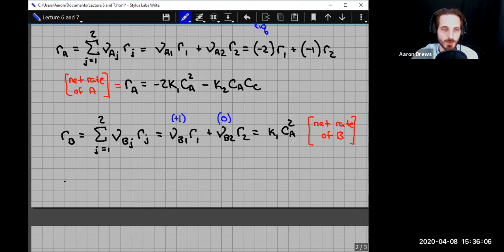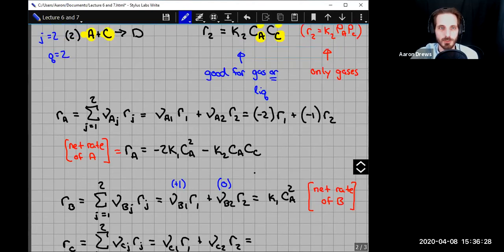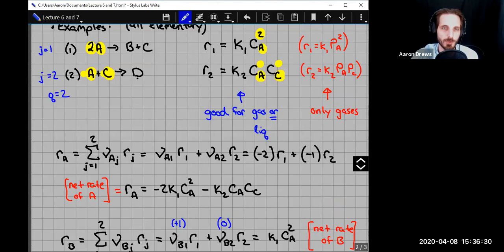Similarly, we can write R sub C. You can probably get the trend about now, but I always start off with this particular expression to remind myself everything that I'm trying to accomplish here. J is equal to 1 to 2. Nu sub C1 times R1 plus nu sub C2 times R2. And if I look at the stoichiometric coefficients here, I'm just going to have to kind of remember them.